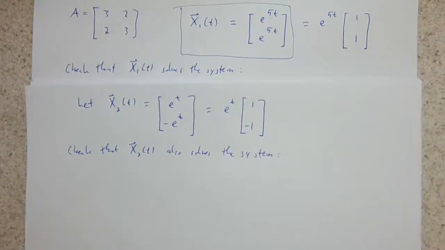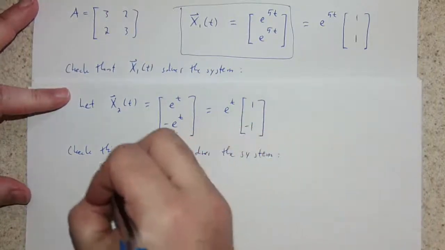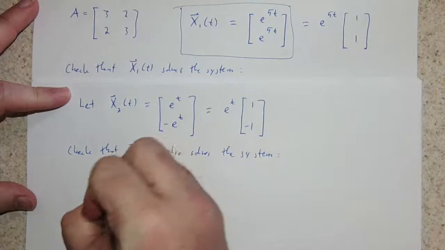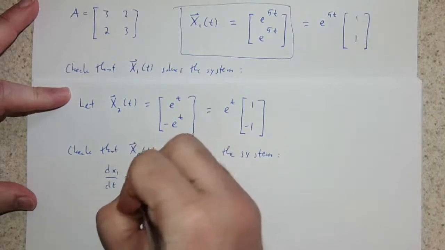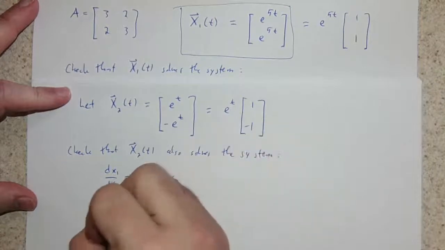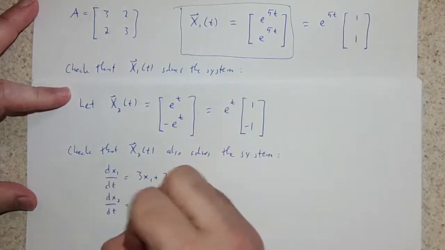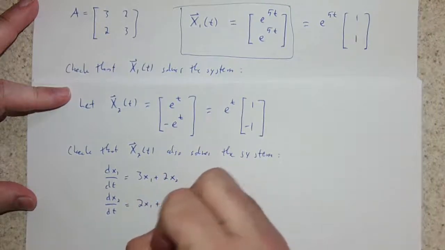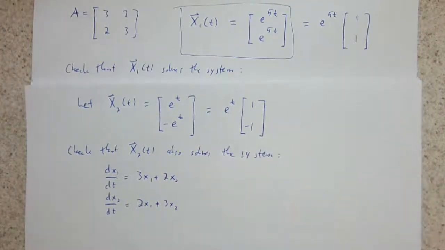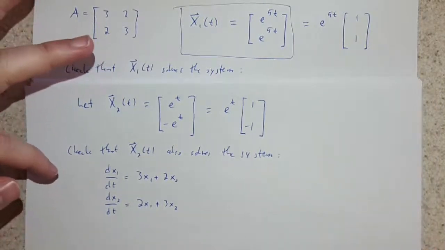Remember, what we're checking here is that dx1 dt is equal to 3x1 plus 2x2, and that dx2 dt is equal to 2x1 plus 3x2.